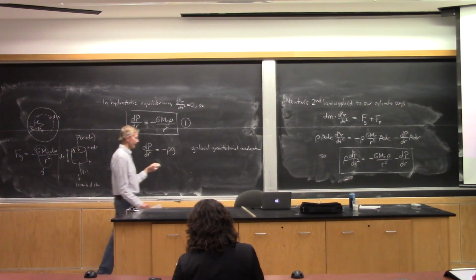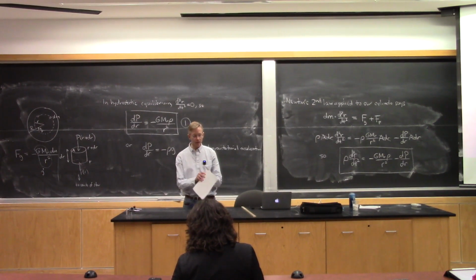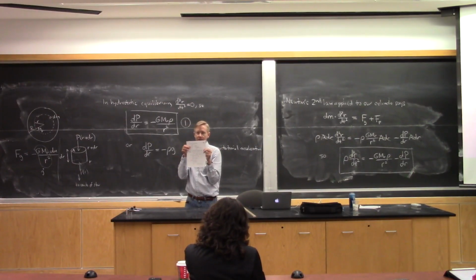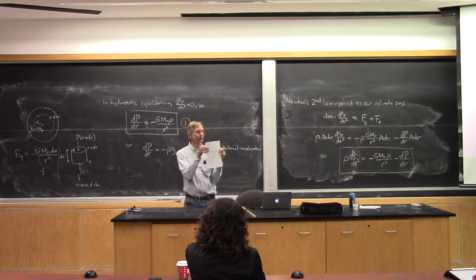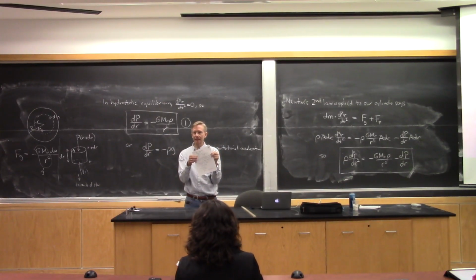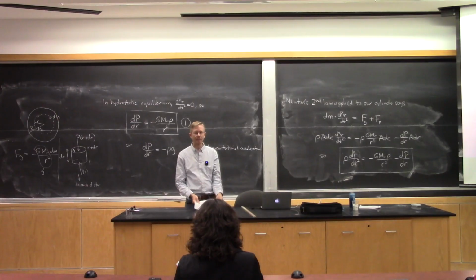And, you know, again, I'll want you to derive this on the exam. I will provide you with that diagram, which duplicates a figure in the book, and then say, refer to this in order to derive dP/dr is minus G M(r) rho over r squared.